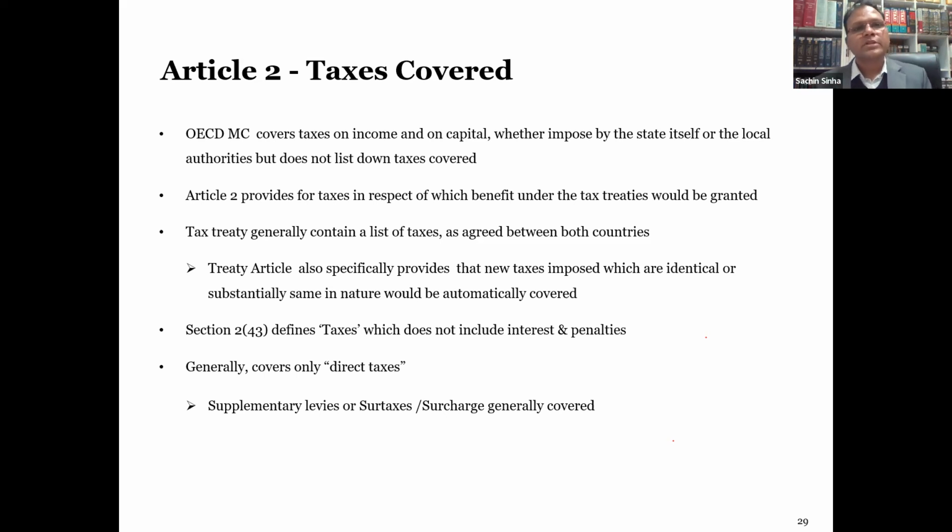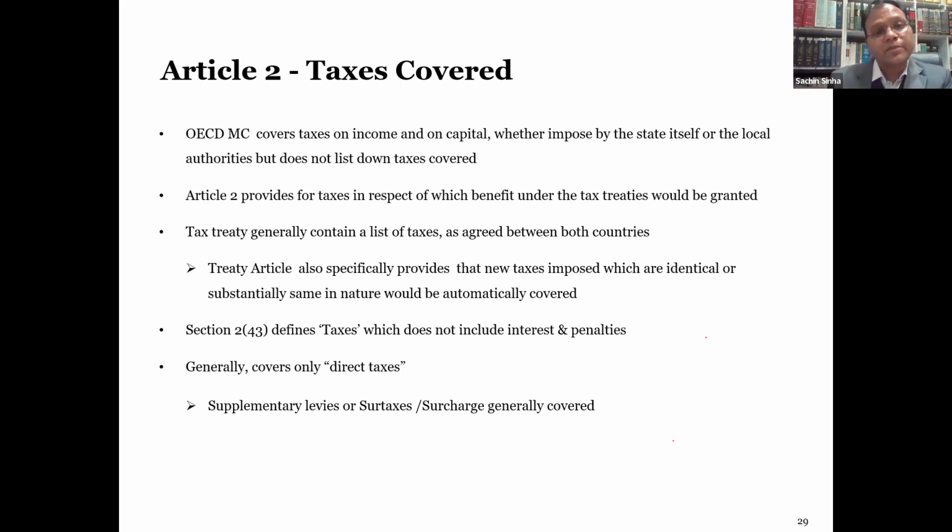The OECD Model Convention covers taxes on income and on capital. That is the basic law, whichever is imposed. Article 2 provides the taxes in respect of which benefit under the tax treaty would be granted. The tax treaty generally contains a list of taxes as agreed between both countries. Earlier, if you remember, the wealth tax was there.